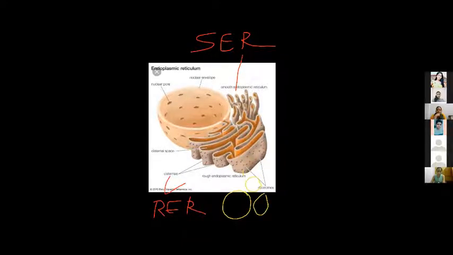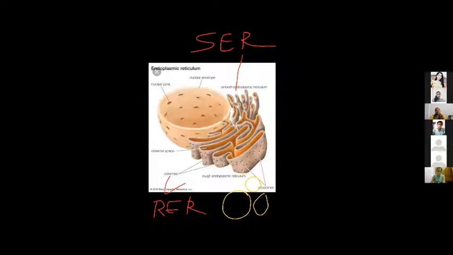It has a structure like this, and they hold the synthesized product molecules which are synthesized by the endoplasmic reticulum, like the protein, which is synthesized by the rough endoplasmic reticulum.